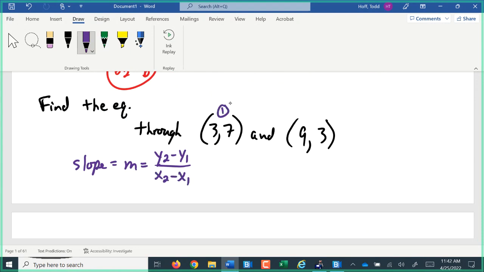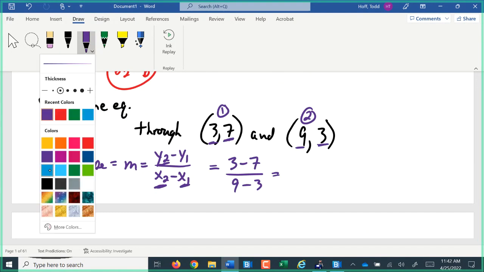So here, if I just label my points 1 and 2, doesn't matter which one's which, y2 is the y-coordinate of point 2, that's 3. Minus y1 is the y-coordinate of point 1, that would be 7. x2 is the x-coordinate of point 2, that's the 9. Minus x1 is the x-coordinate of point 1, that's our 3.